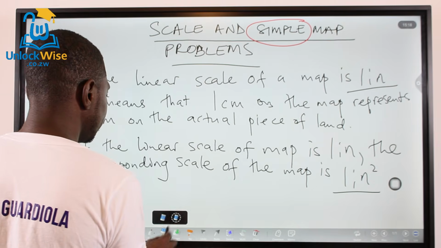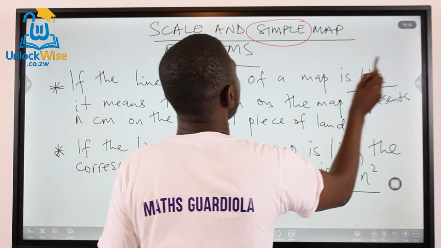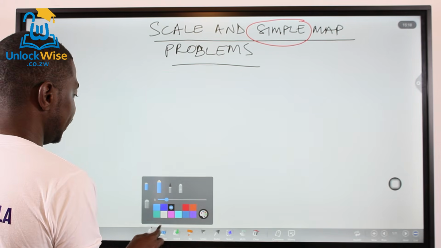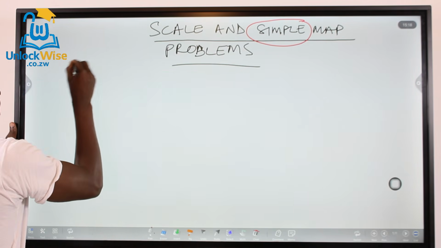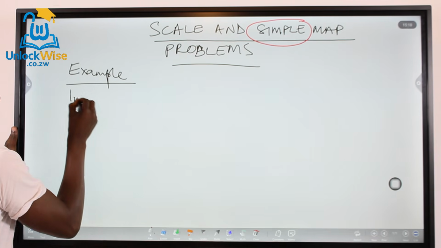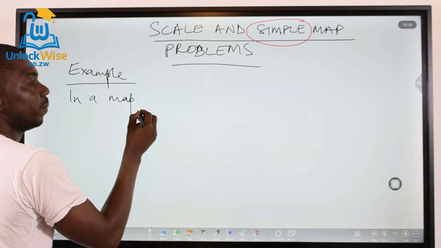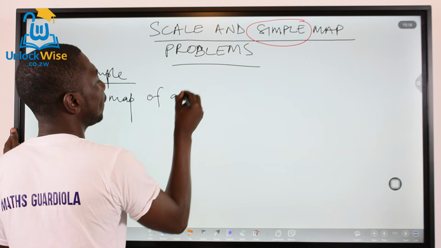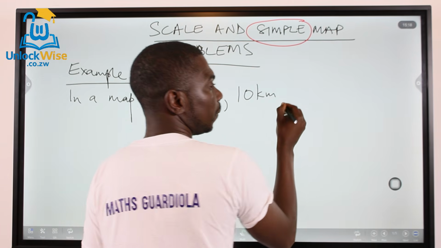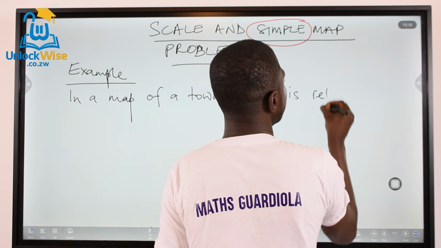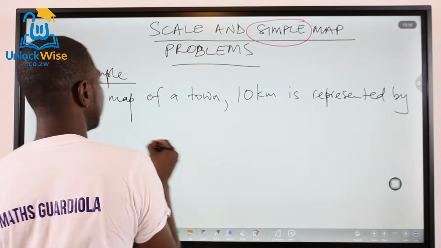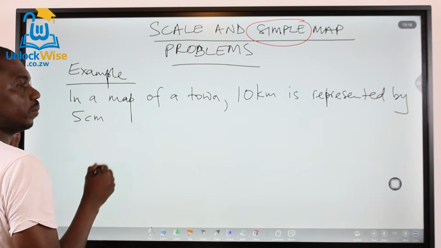So for example, let's say we have a map of a town, where 10 kilometers is represented by 5 centimeters.